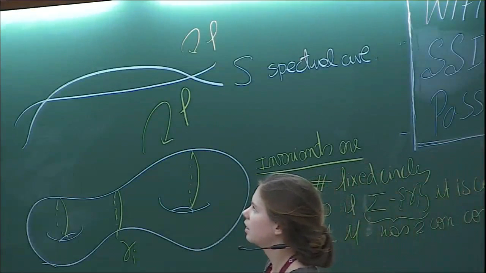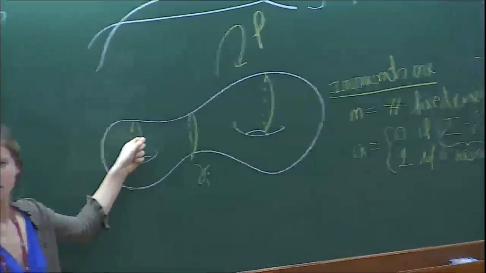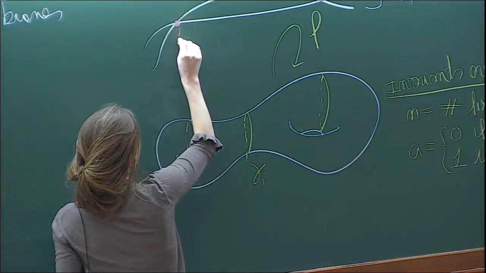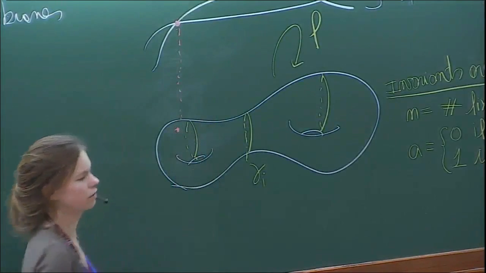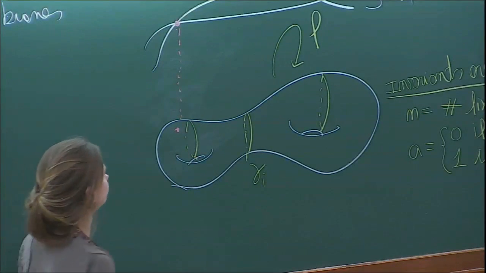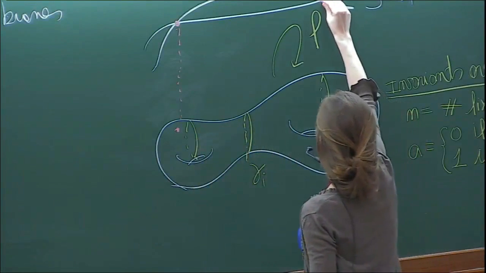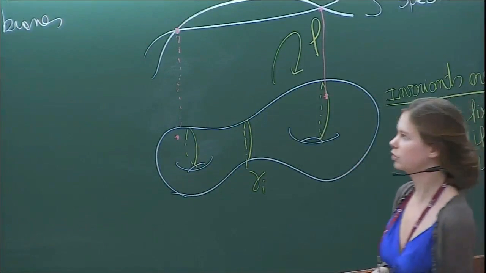So you may ask, what's the relation between the fixed points of the involution F and the ramification points of your Riemann surface? So you have your ramification points here, and you will have to check whether they lie inside or outside your fixed point set. So let me call the following. We'll have some which are fixed points and some which are not.